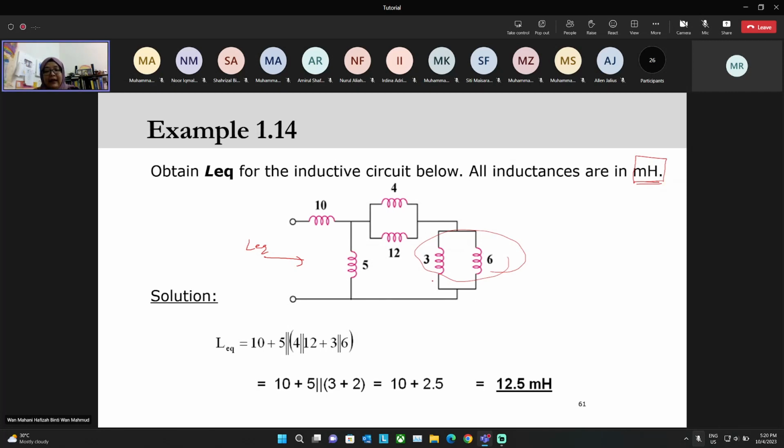Okay, so since inductor dia sama macam resistor, so 3 dengan 6 ni kita boleh selesaikan dengan cara parallelkan dia lah. Betul? So 3 dengan 6, katakan kita label L1. 1 over 3 plus 1 over 6. So you got over here 2 millihenry. 3 mili dengan 6 mili.